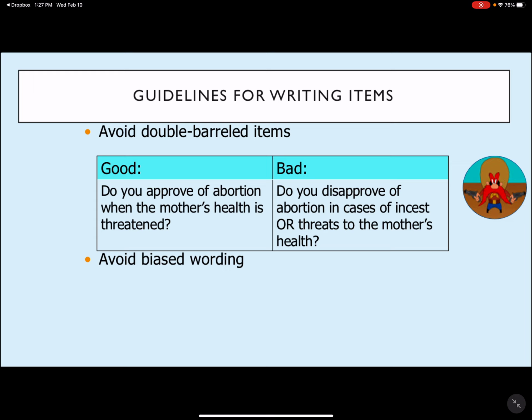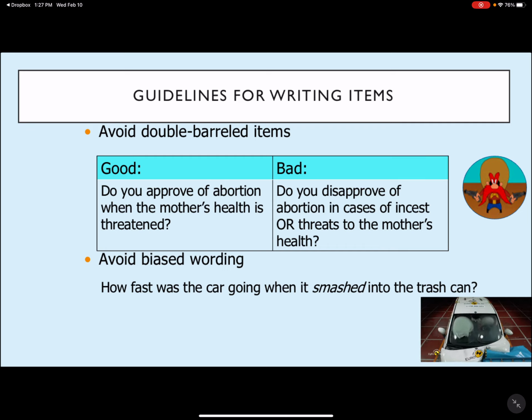Then you also want to avoid biased wording. How fast was the car going when it smashed into the trash can? That is a biased question, because smashed implies that it was going fast. A better question would be, how fast was the car going when it hit the trash can? When it made contact with the trash can?